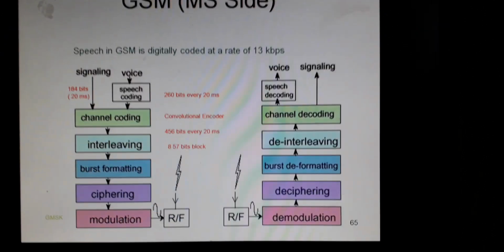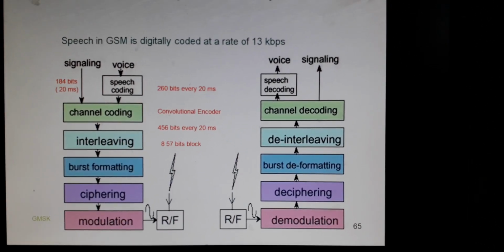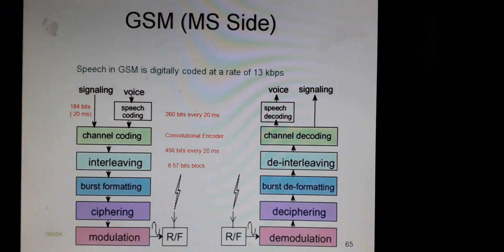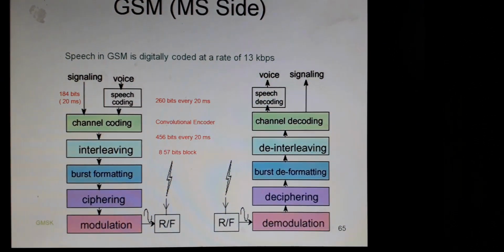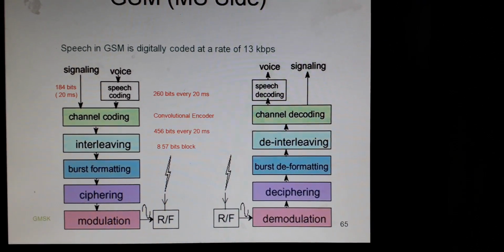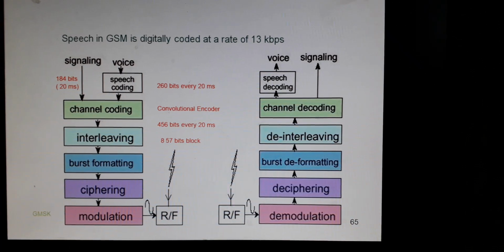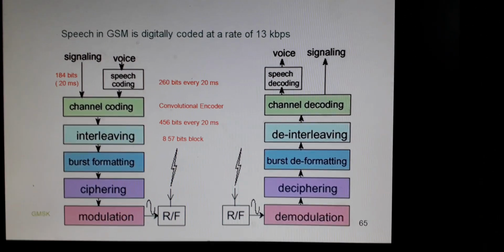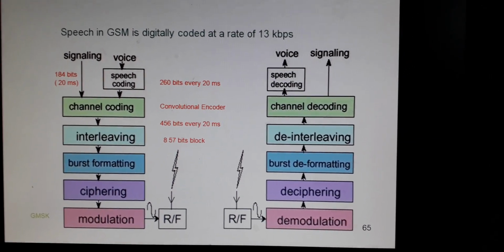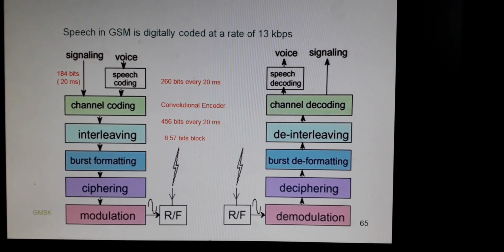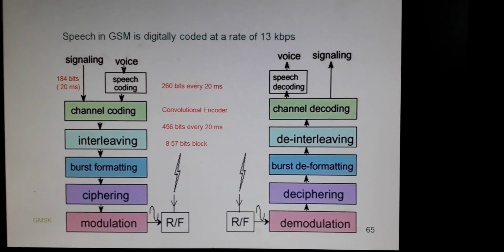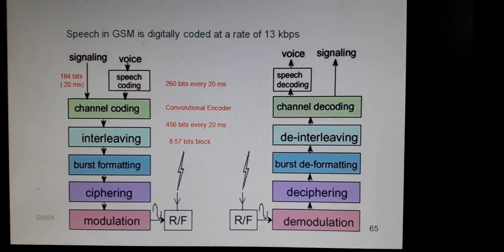So this is another important GSM signal processing diagram, where the first process is signaling 184-bit signals with 20 millisecond information, speech coding, channel coding, interleaving.